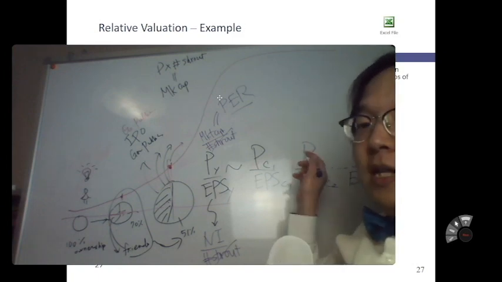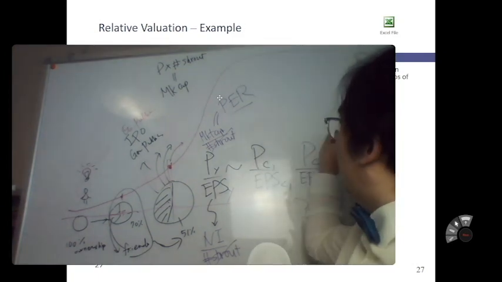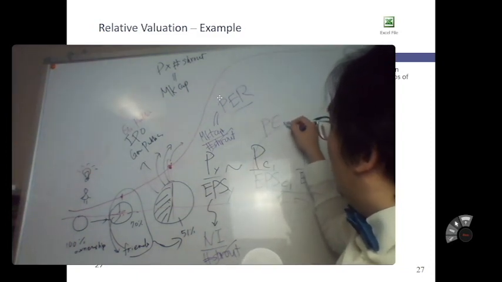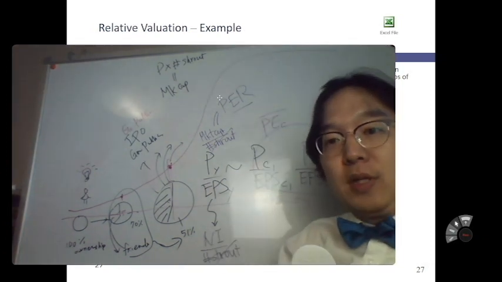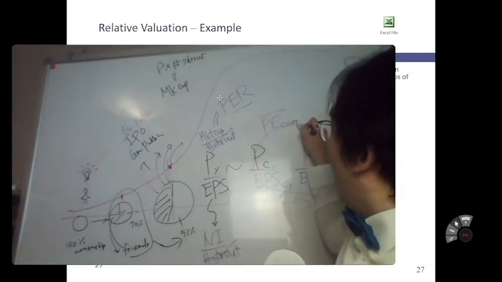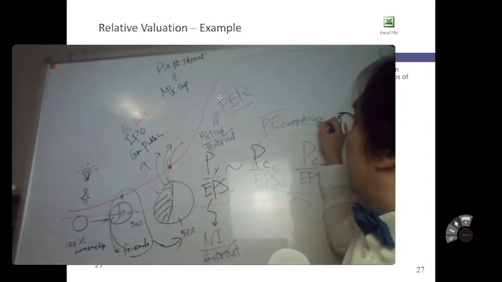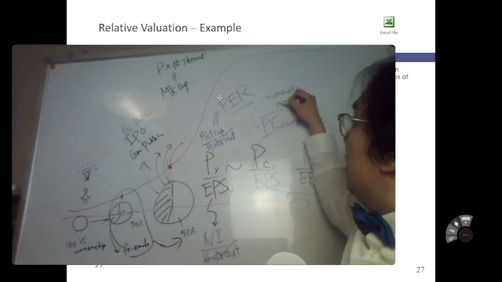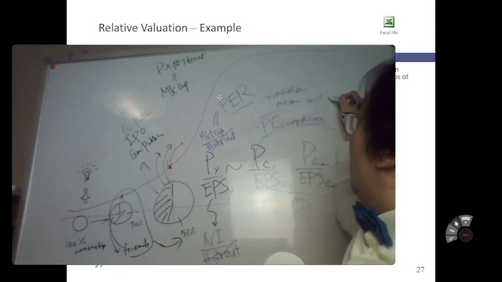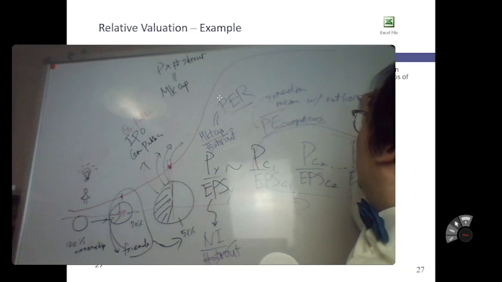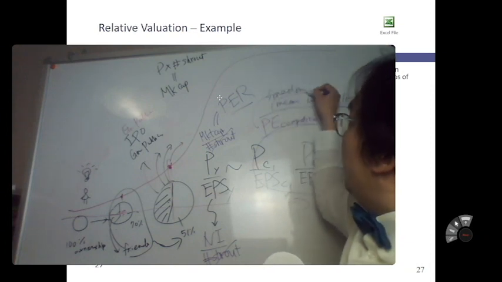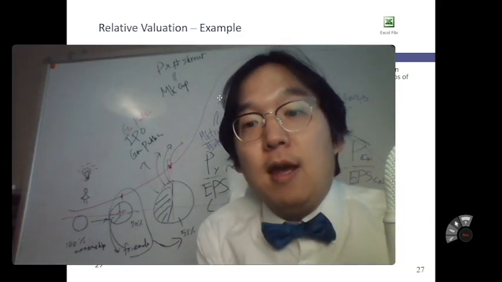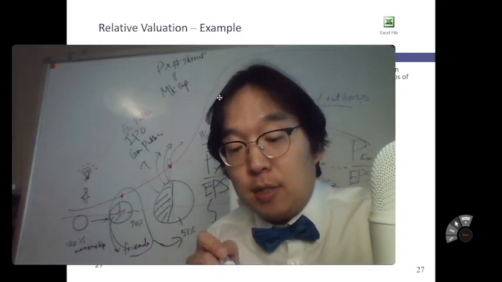And then you can get some representative PE ratio of your competitors, typically the median or mean without outliers. Either median or mean of the PE ratios of your competitors gives you the representative PE ratio.